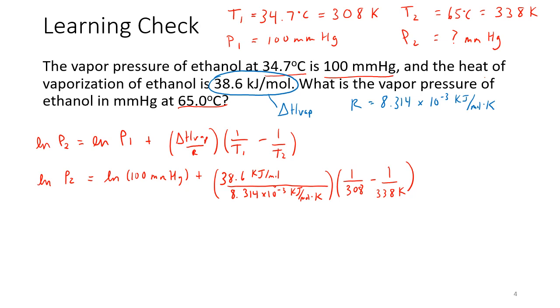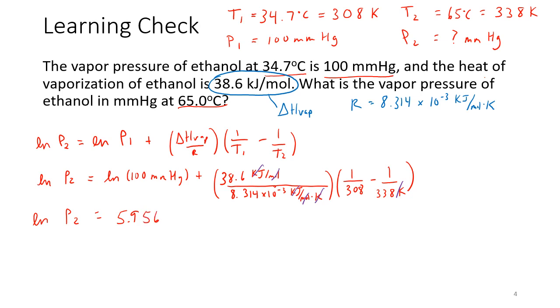If we check our units, we can see that kilojoules will cancel, moles will cancel, Kelvin cancels, and we're left with millimeters of mercury, which is what we want since we're calculating a new pressure. The ln of P2 should come out to equaling 5.956.